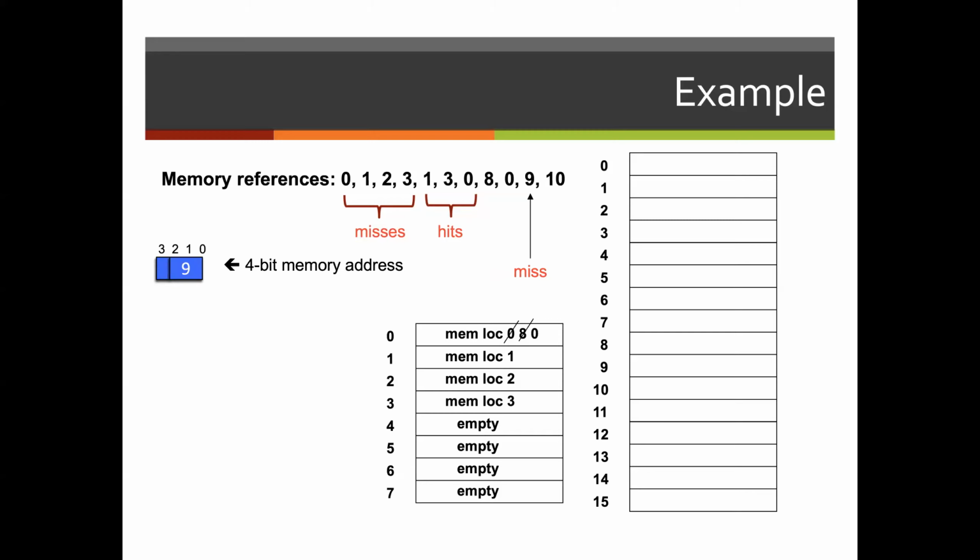If we have a 4-bit memory address, 3 bits are representative of the index. So we would need to do 9 mod 8 to determine the address that 9 will be stored in our cache, and it's going to go into location 1. The index will always be the memory address mod the cache size, and our cache size here is 8.